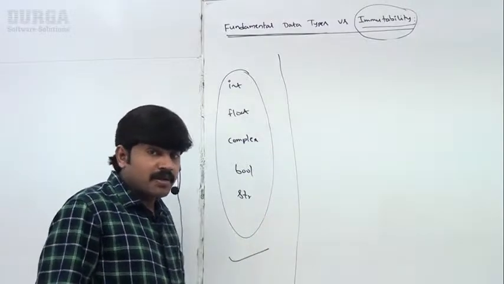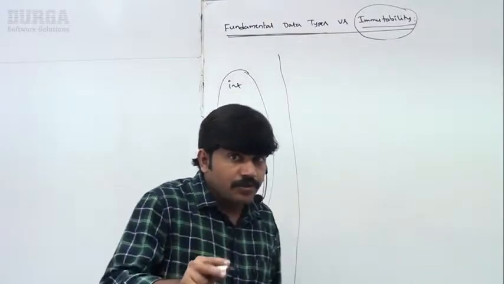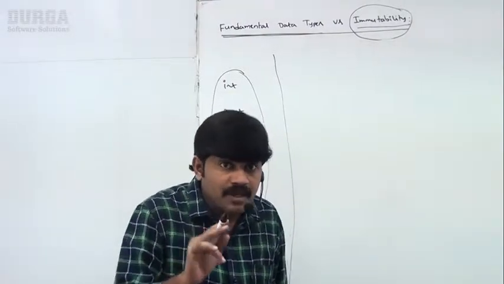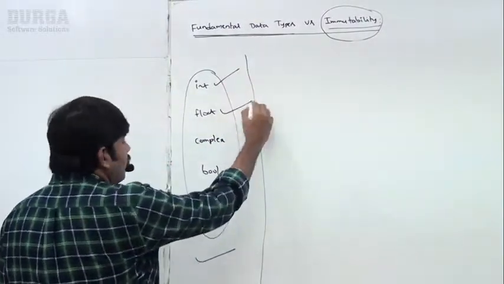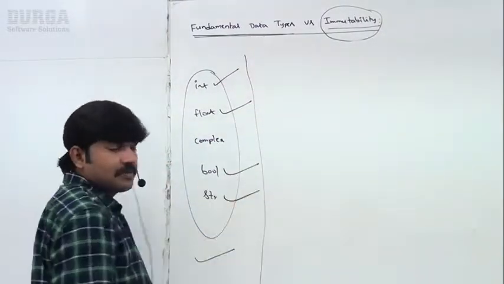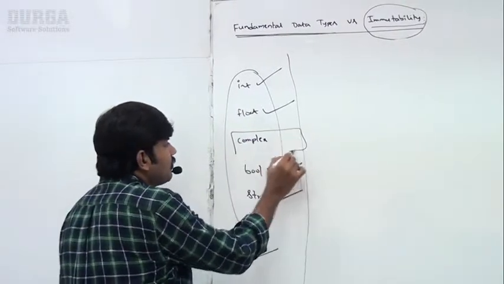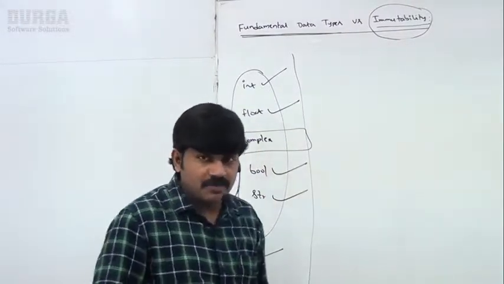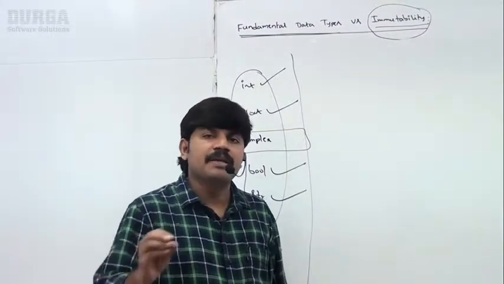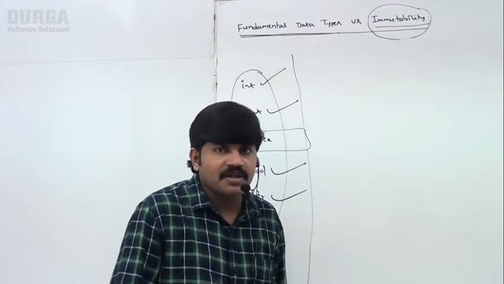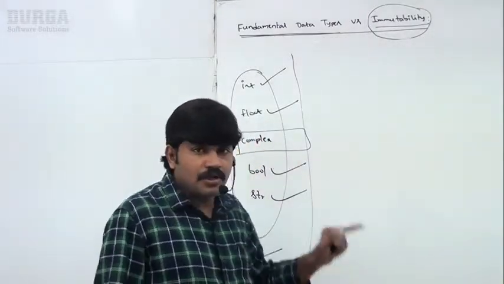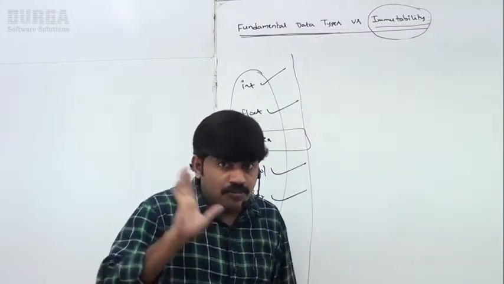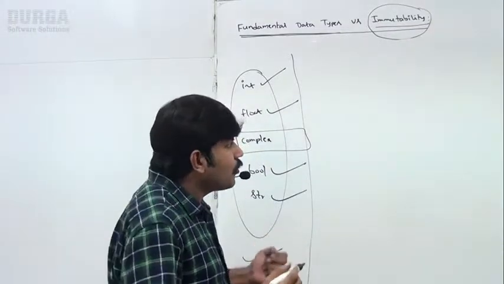But the object reusability concept is applicable only for int type, float type, bool type, and str type. For complex type, object reusability is not applicable. Maybe internally the way of representation is different, maybe at memory level. So here object reusability is not there, but it is immutable. Remember that.